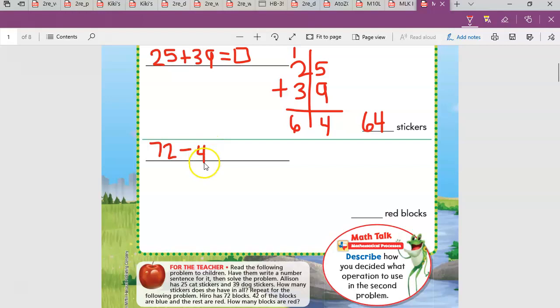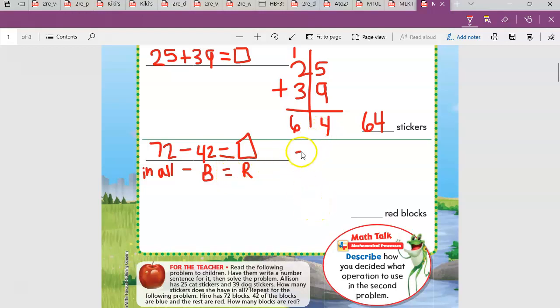Take away 42. And I'm going to write B underneath it for blue. And our question is, how many are red? I'm going to write R here for red. We don't know yet. We know the 72 in all. I'm going to write in all underneath it. Take away the blue blocks equals how many red blocks.